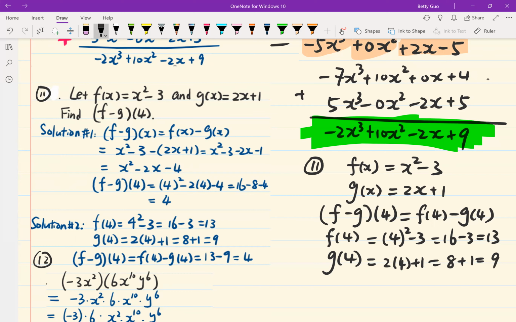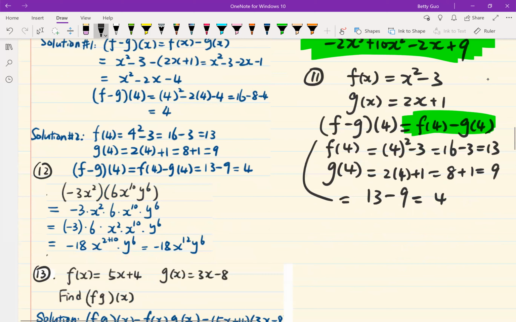And f of 4 minus g of 4 becomes 13 minus 9, and that is 4. For this type of question, I would recommend you utilize your calculator. I don't want you to lose the point because you mess up the calculation.